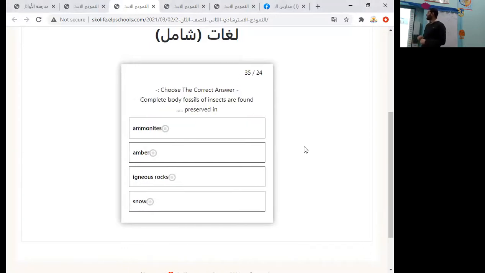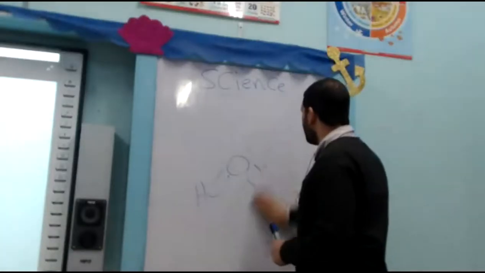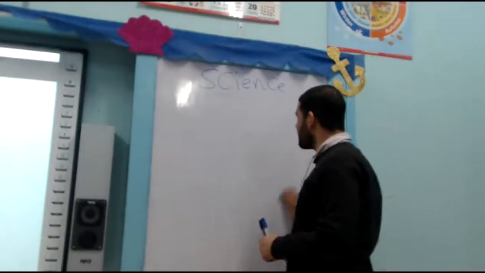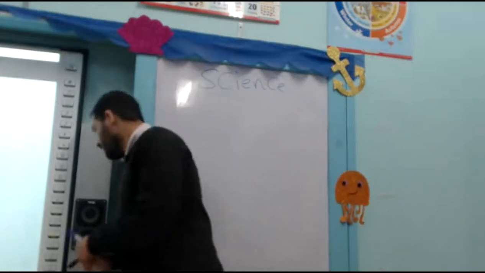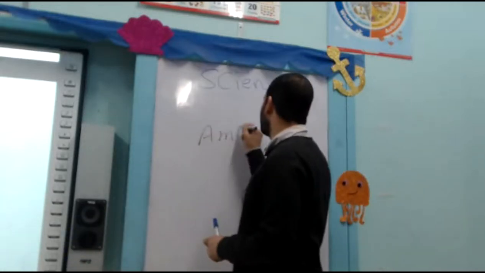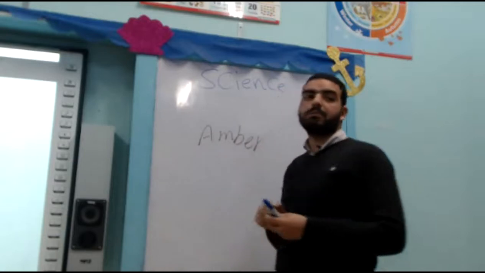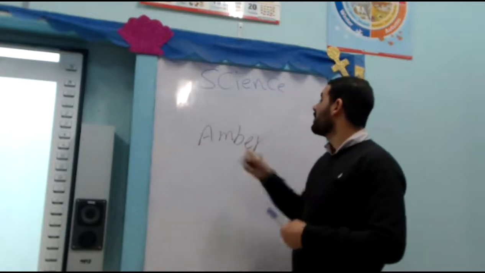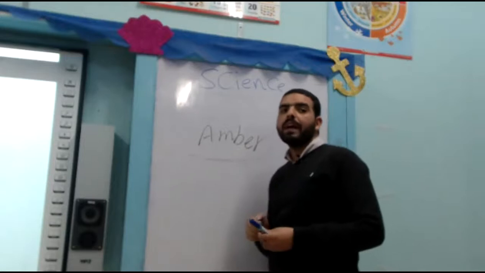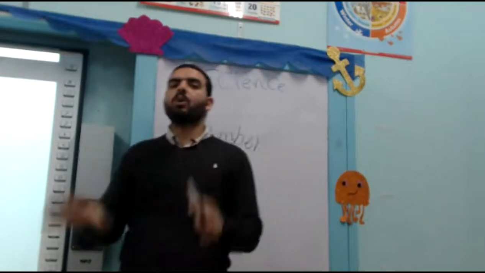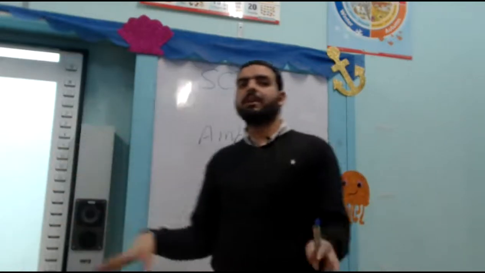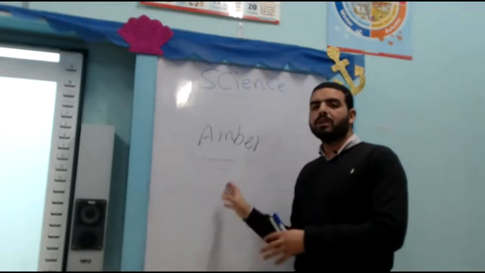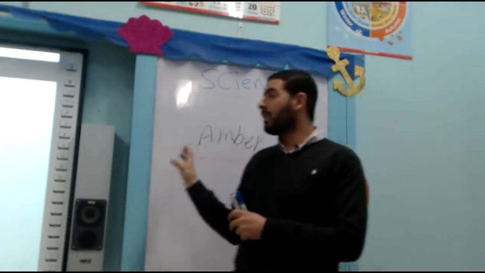Complete body fossils of insects are found preserved in amber. Insect fossils are preserved in a resinous substance called amber, which is secreted by pine plants. This causes the preservation of the insects, and the whole body is preserved in it, forming a complete body fossil, which is said to be an amber fossil.